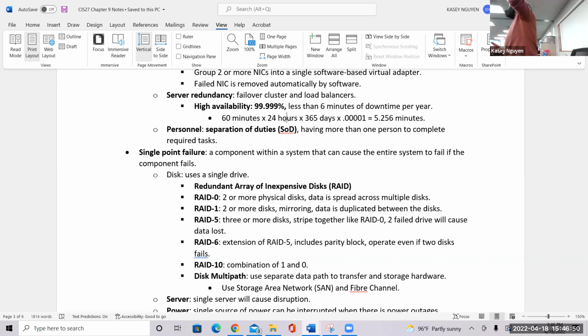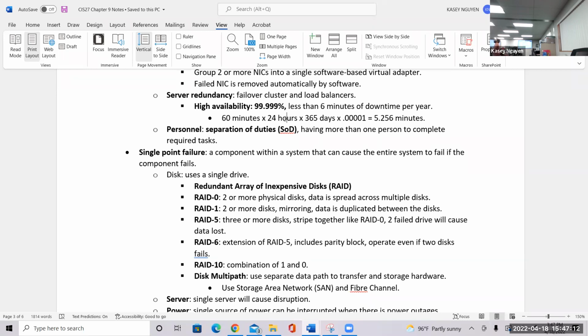If you calculate that, the 0.001% is equated to 5.256 minutes. That means that in the whole entire year, your system can only go down for a little bit over 5 minutes if you're striving for all 5 nines.